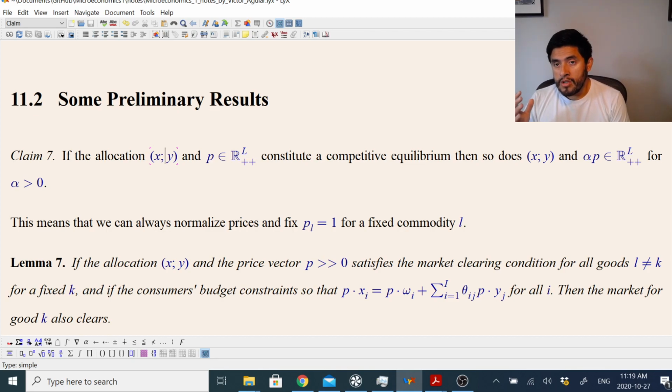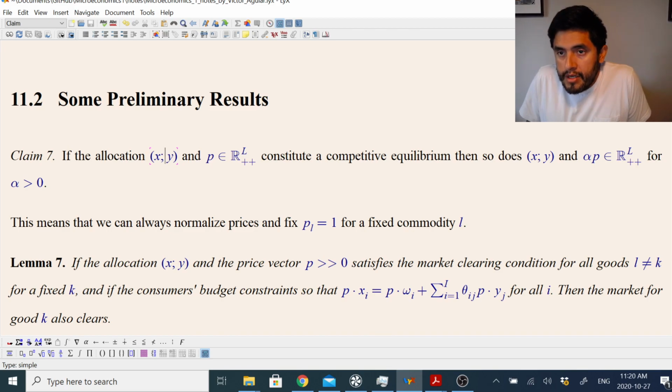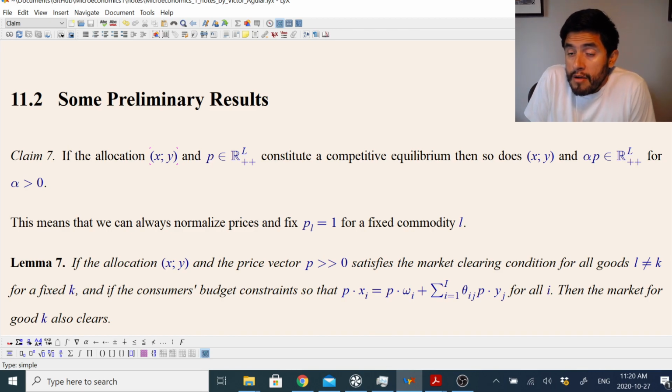Then it follows that also the allocation xy with a different price, which is the original price multiplied by a scalar alpha, is also a competitive equilibrium. Why? Basically, this is a consequence of the homogeneity properties of production and utility maximization. So that means that we can always normalize the prices and fix the price of one of the goods as one. Usually the good that I choose to normalize to one sets the units for the rest of the economy. In this experiment, I told you that you can think of prices as exchange rates.